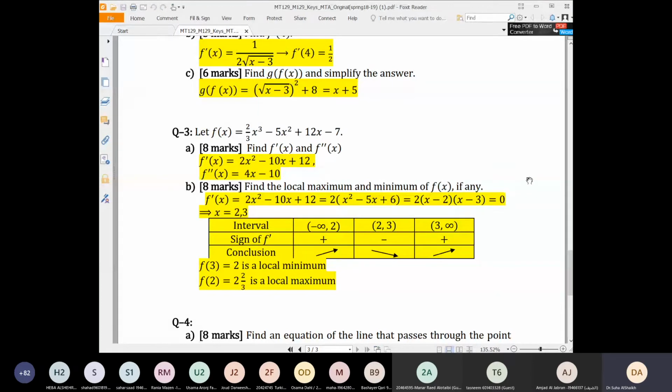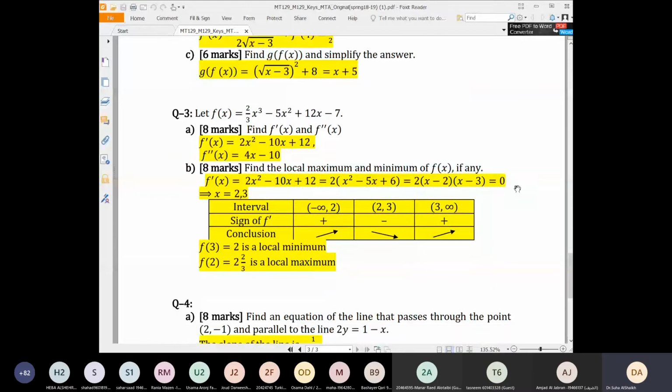They are giving you just one thing they want. They give you the function. البارت A they said find f dash and f double dash. بعدين إنه find the local maximum والminimum point. So طلب شيء واحد هنا بس local maximum والminimum point. You just have to find the f dash. You just have to study the f dash. We find f dash, we let f dash equal to 0. We solve it.